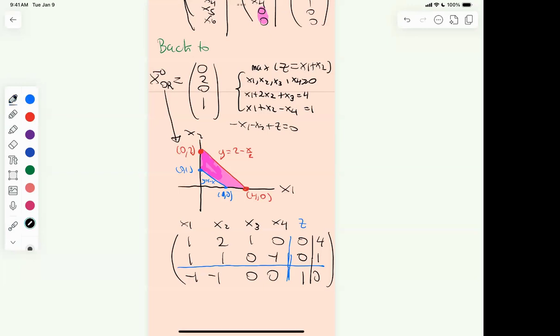Perfect. I'm going to start the simplex method with x2 and x4 being the basis.